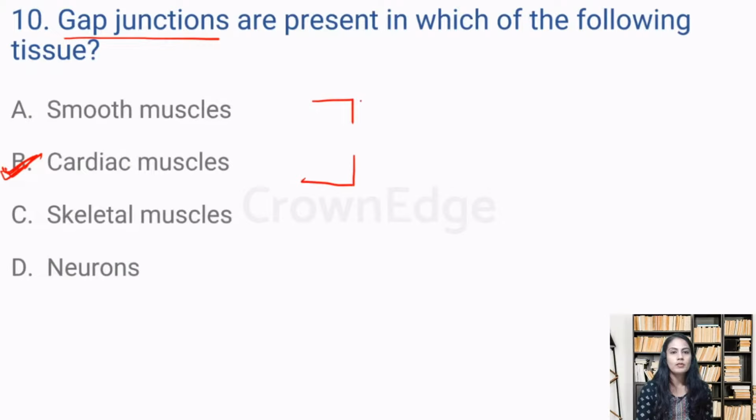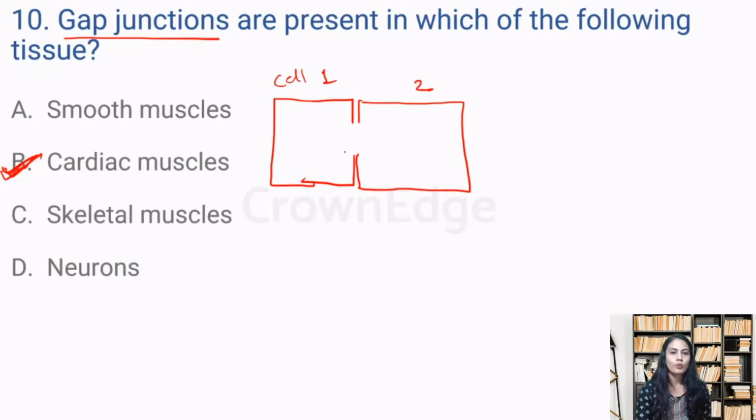Suppose this is one cell and this is another cell, or cardiomyocyte. Cell number 1, cell number 2. In between them there is a junction, a gate made up of proteins named connexin, already asked in your exams.